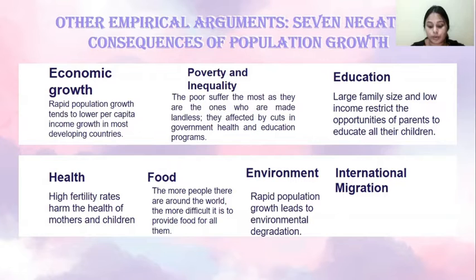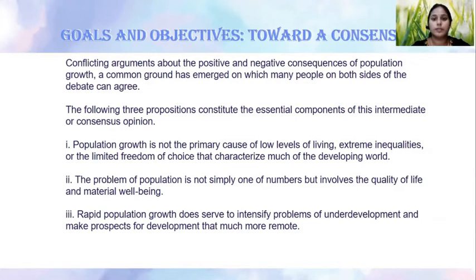It is one of the major consequences of developing country population growth. The goal and objective is toward a consensus. There are 3 propositions that constitute the essential components of this intermediate or consensus opinion. The first is that population growth is not the primary cause of low levels of living, extreme inequalities, or the limited freedoms of choice that characterize much of the developing world.